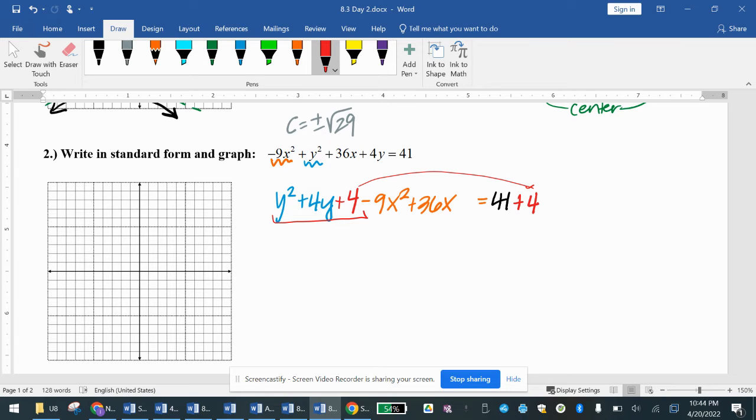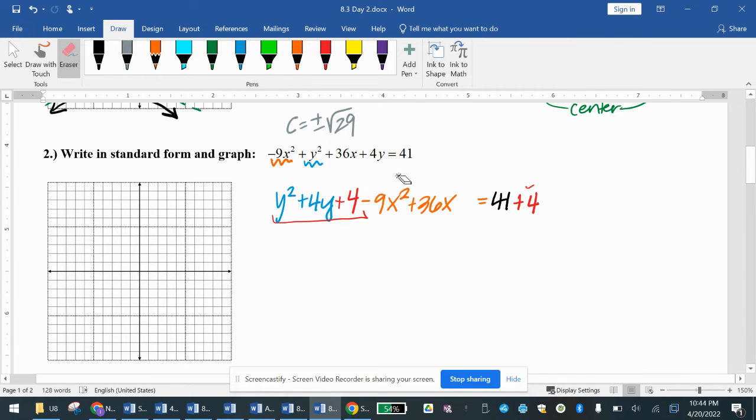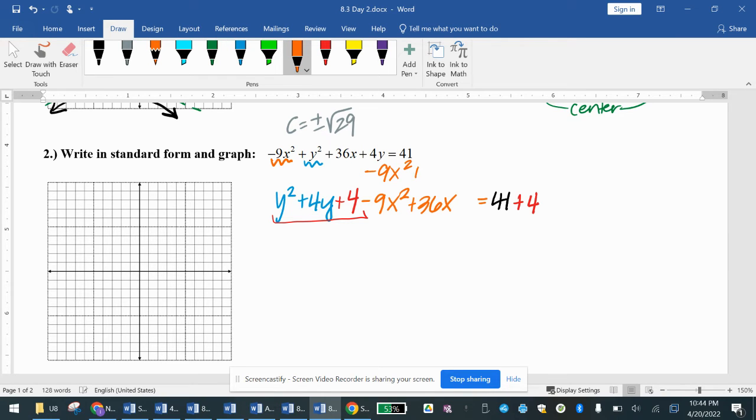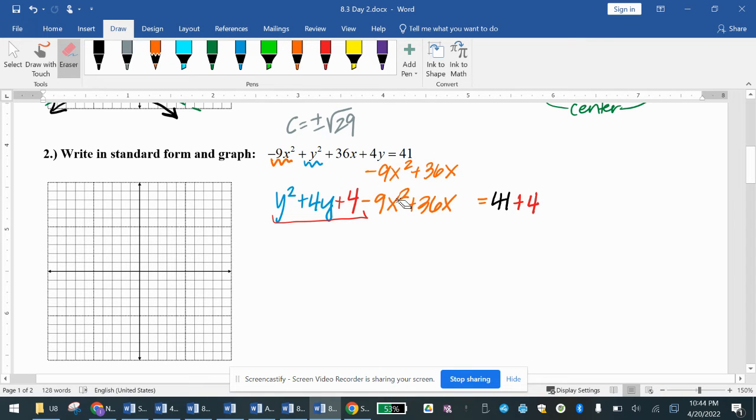However, this guy, I'm not ready to complete the square for, okay? So I need to make sure that I divide this by negative 9. So I'm going to write what it originally was. Okay, and I'm going to factor out the negative 9.